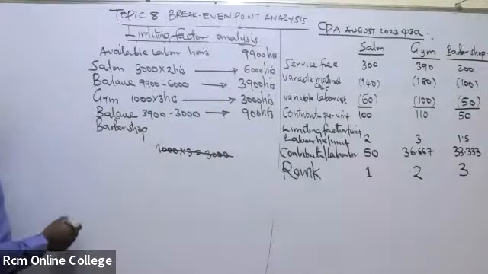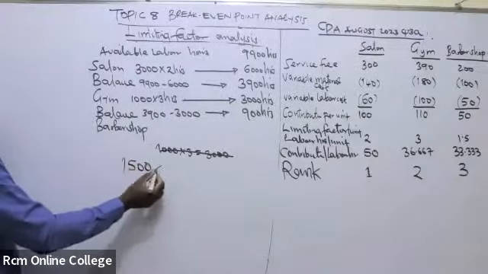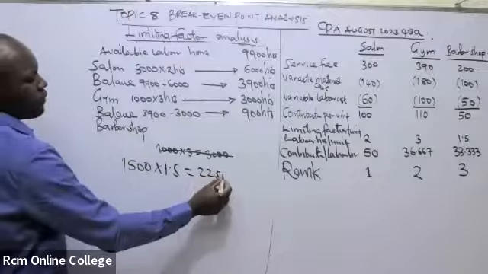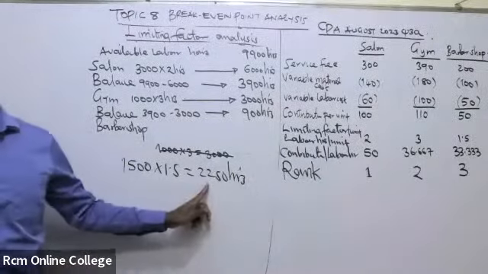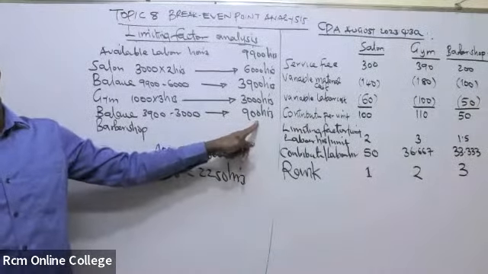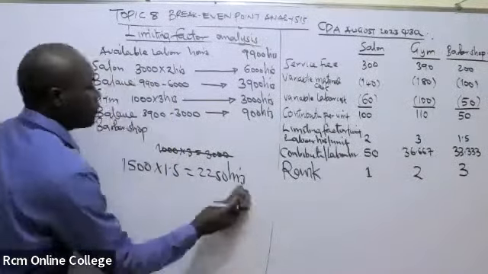In the barber shop, we are supposed to serve 1,500 clients. And each client requires 1.5 hours, giving us 2,250 hours. The total number of hours required is more than the remaining labor hours. So we cannot serve all the 1,500 clients.